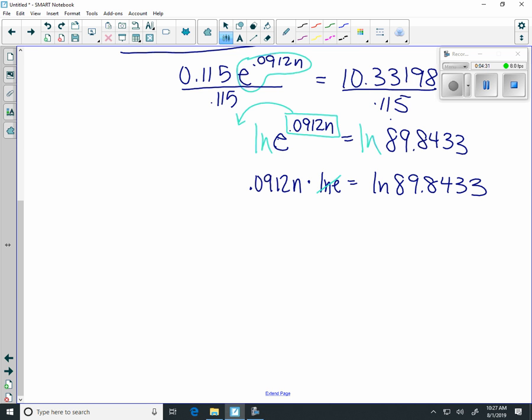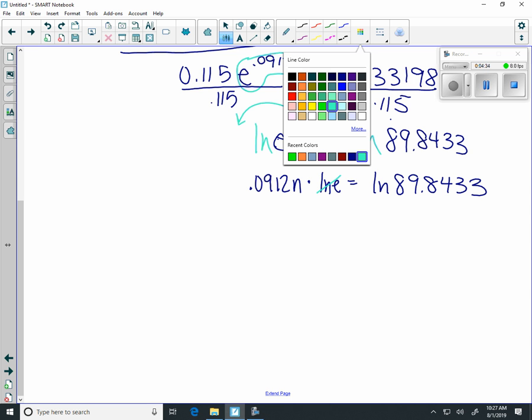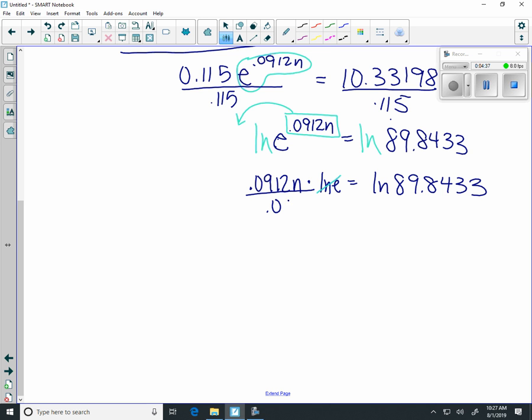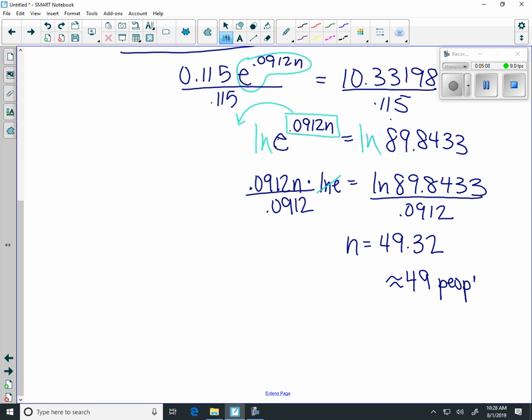I'm going to divide by 0.0912. And we end up with, when we do ln of 89.8433, and then divide that whole thing by 0.0912, we end up with 49.32 people. So about 49. Great.